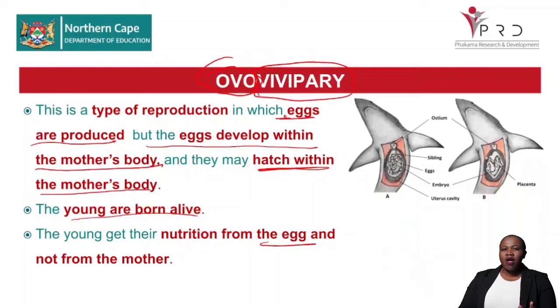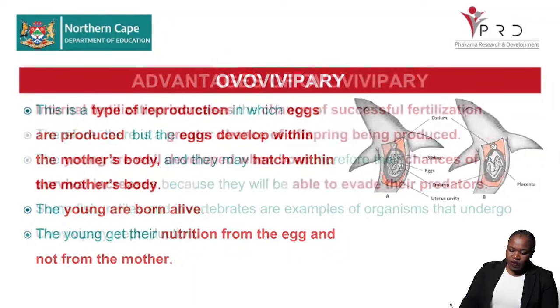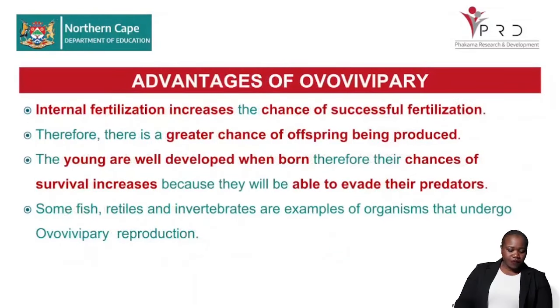Remember, here we don't have the same contact between the developing young and the mother, so the egg will be the one that provides the nutrition. So as we can see, we would have the egg there, and then we would have the developing young inside that egg, inside the mother's body, as you can see on that diagram there.